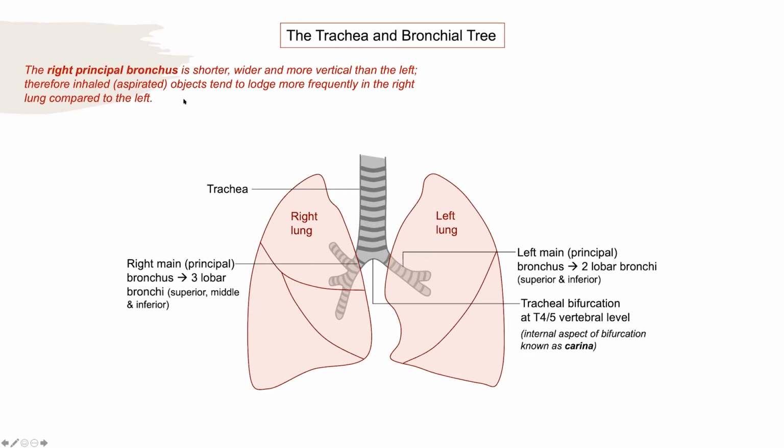Therefore, if we inhale or aspirate any object, for example a child eating a peanut, there are more chances it will be lodged in the right principal bronchus as compared to the left, because the left is the reverse: longer, narrower, and more transverse. So there are more chances that an inhaled foreign body will go to the right. You can choke, and any particle or any food content can come and lodge here.